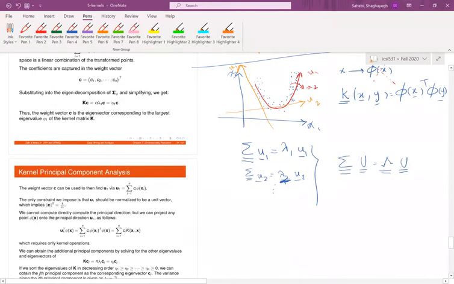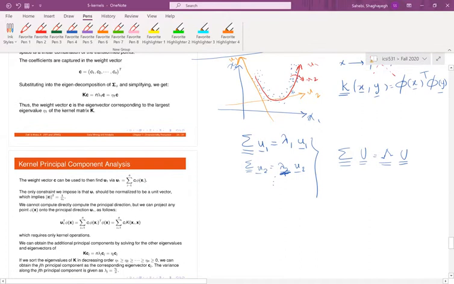Now, in kernel PCA, what we are going to do is work with the covariance matrix of our data in the feature space. So this is going to be our formulation. We will have sigma phi, which is basically the covariance matrix of our data in the new feature space.